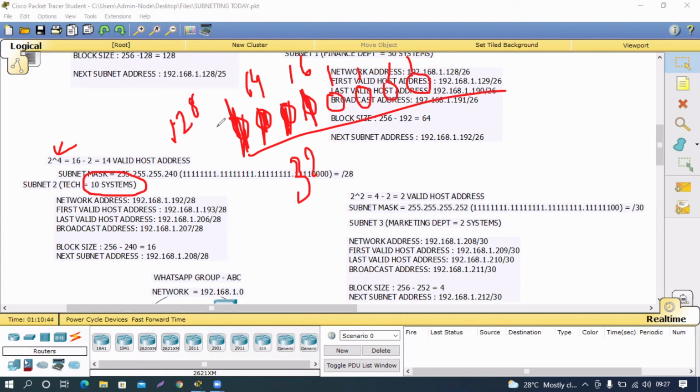So already 24 network bits you are having in class C, plus 4 bits. So 24 plus 4 is how much? 28, right?